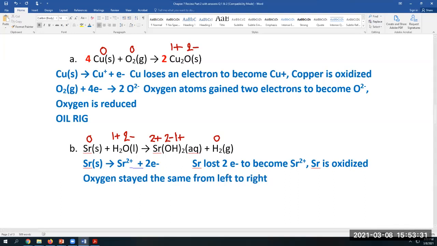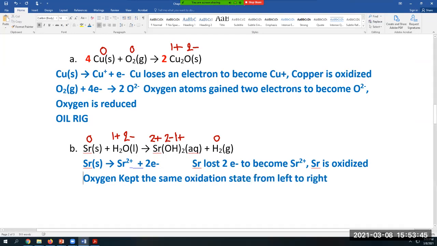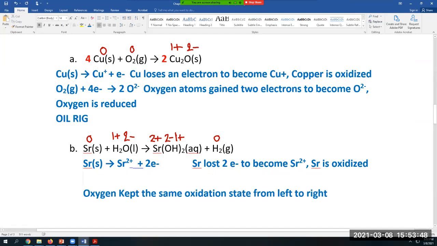Same oxidation state, or kept, maybe let me write this, kept the same oxidation state from left to right. So that's not oxygen that is reduced, right, to compensate for the oxidation of strontium. So it has to be hydrogen.